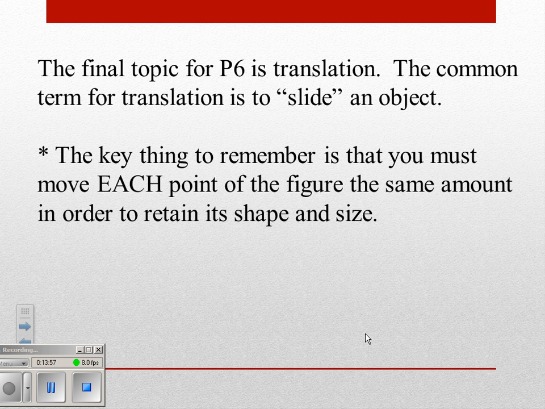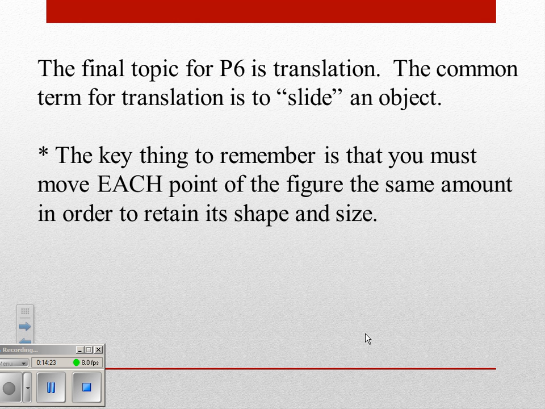Last thing for this review section is a translation. Now, the common term for translation is to slide an object. All right, we did these way back when, and I think you did them again in geometry class. Not quite positive about that or not, but we're going to slide the object. The key thing to remember is that you must take each vertice, each point of the figure, and move it the same amount in order to retain its shape and size.